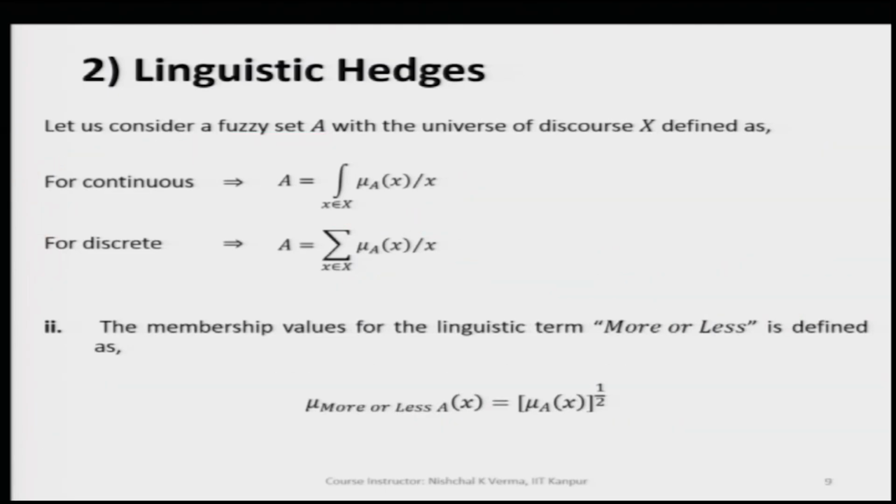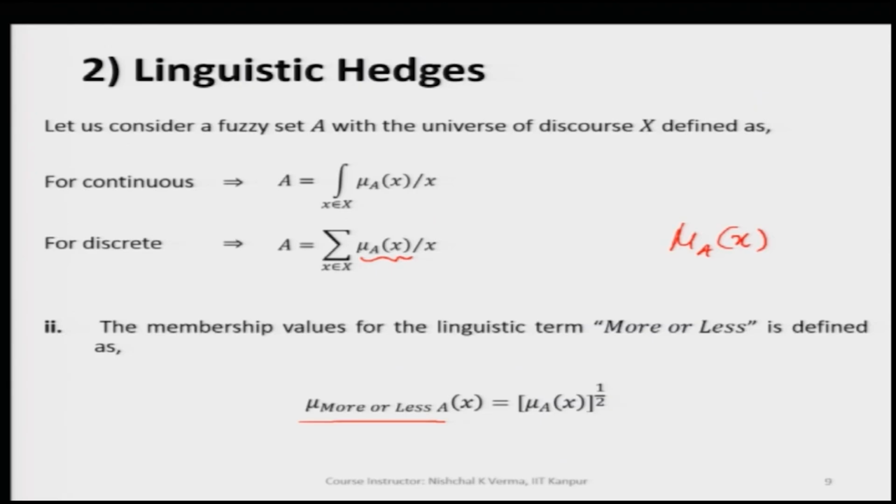Similarly, if the basic membership value mu a is given, and we are interested in more or less as the linguistic hedge, we have to simply dilate it. When we say dilate, it means we are reducing the power, that is, we are taking the square root of it.